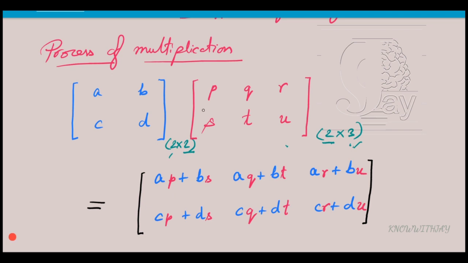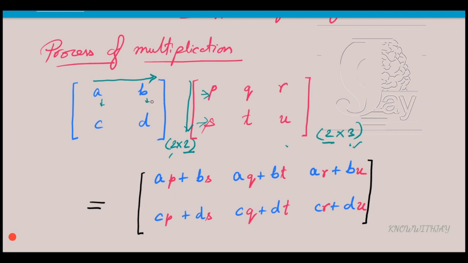Okay, so let us understand how the multiplication is done. We have to move in the right direction for the first matrix, and then we move in the downward direction for the second matrix. That's why you need the number of rows of the second matrix equal to the number of columns of the first matrix.